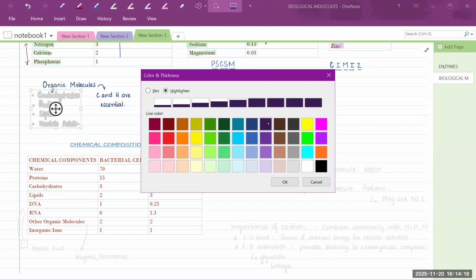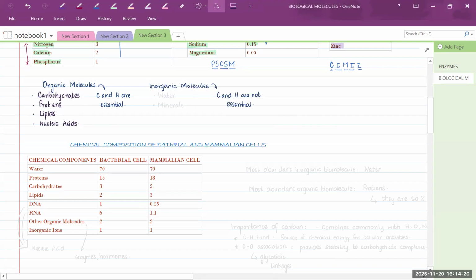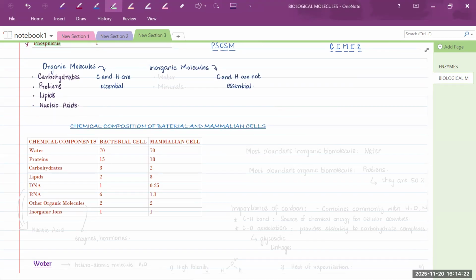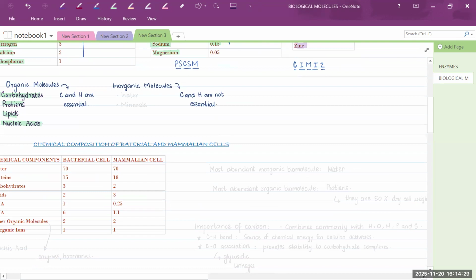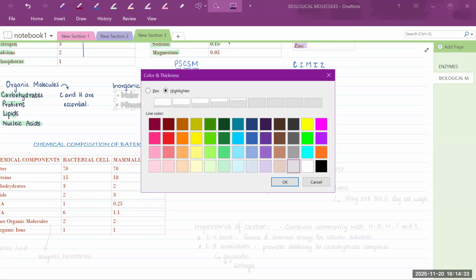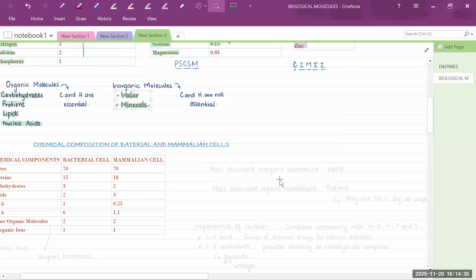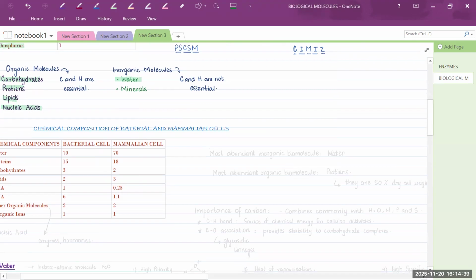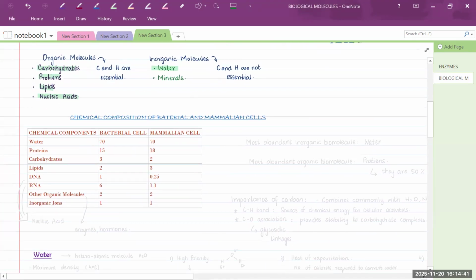For the organic ones, we have carbohydrates, proteins, lipids, and nucleic acid. And we'll have to see these four in detail later on in the chapter. For inorganic molecules, we have two of these, which are water and minerals. And we'll see water in detail. We won't see the minerals in detail because it's not mentioned in the syllabus.